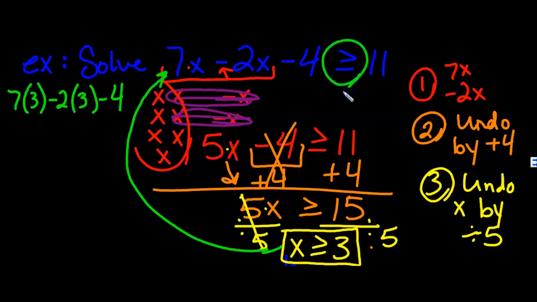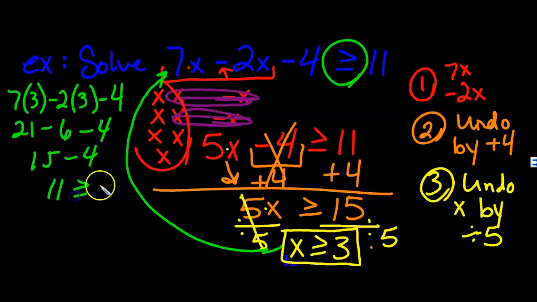Okay, so solving this expression where x is present, 7 times 3 is 21, minus 2 times 3 is 6, minus 4. Well, 21 minus 6 is 15, minus 4 is 11.